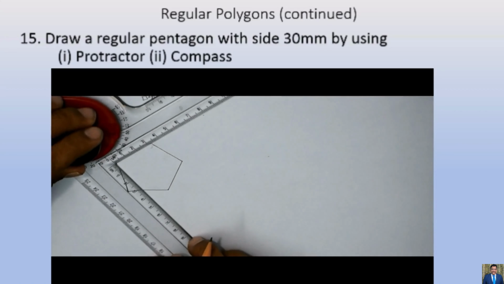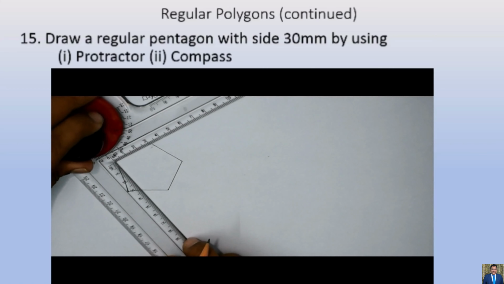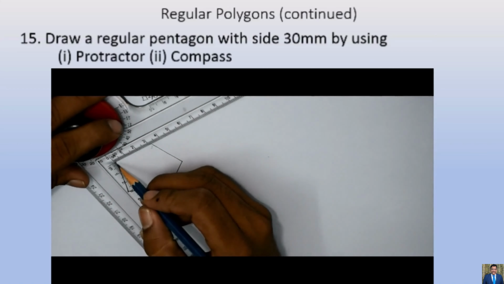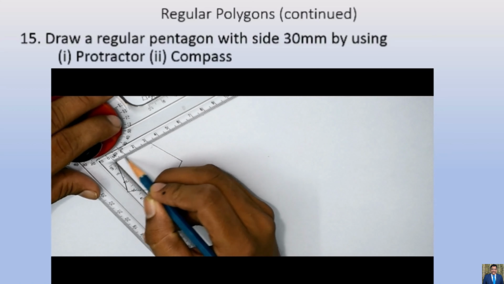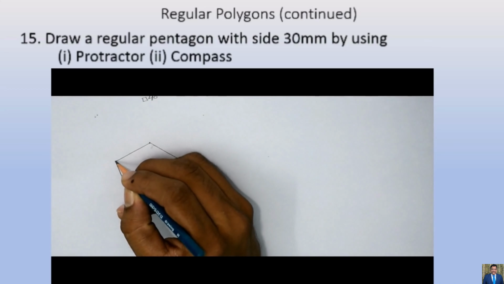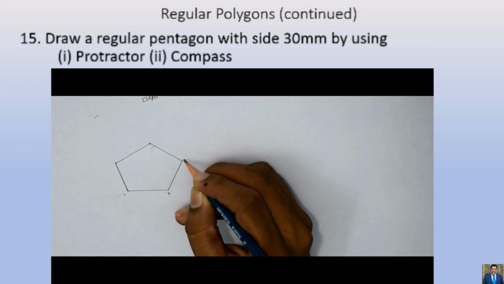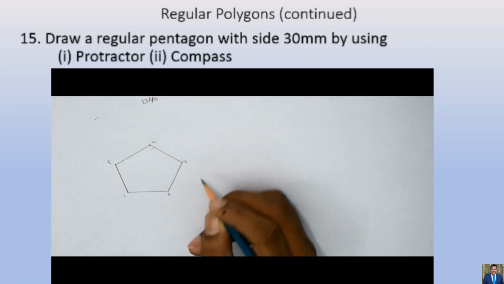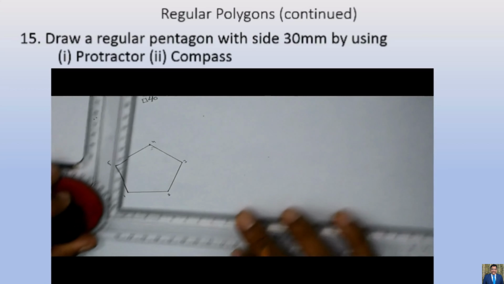Now you see that if I join these two ends, I'll get the pentagon. Here I'm having a beautiful pentagon. I can number these corners here, 5 corners.